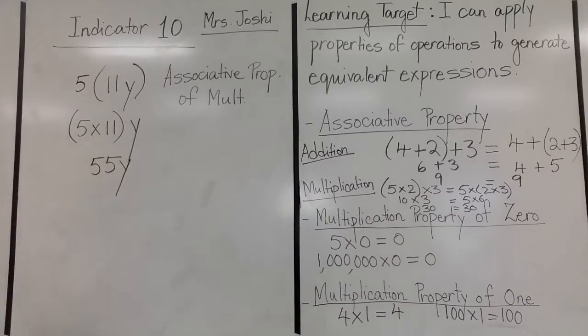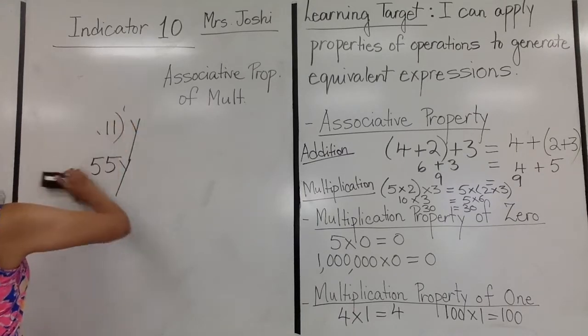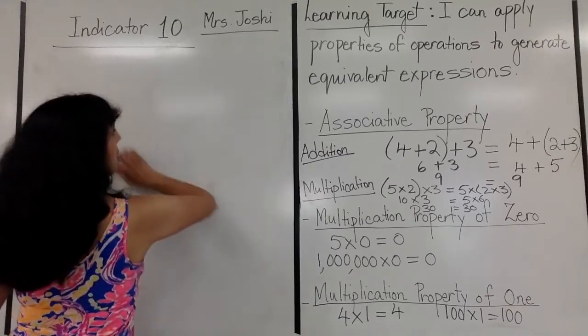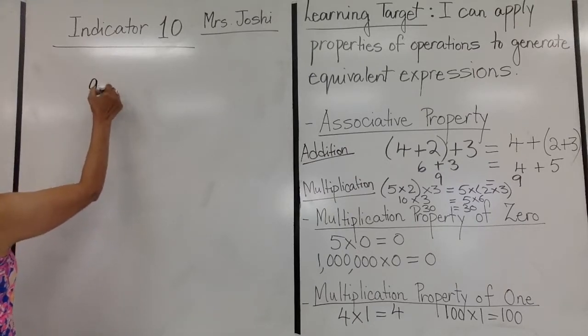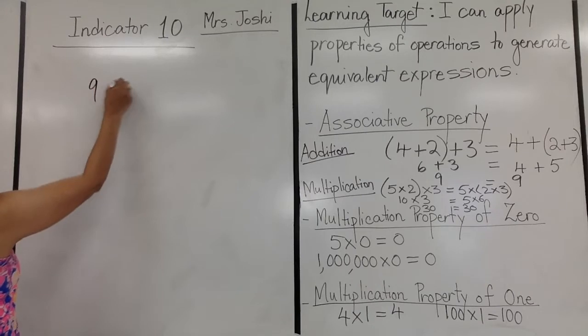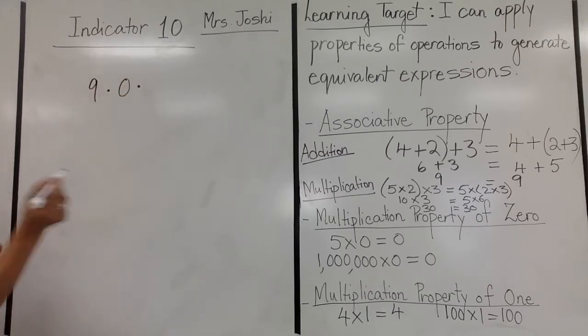Okay, let's go ahead and do some with the addition, subtraction properties. Let's do the associative property, or we've done that. Let's go ahead and do some multiplication properties of 0. So if I give you an expression, say simplify 9 times 0 times r.